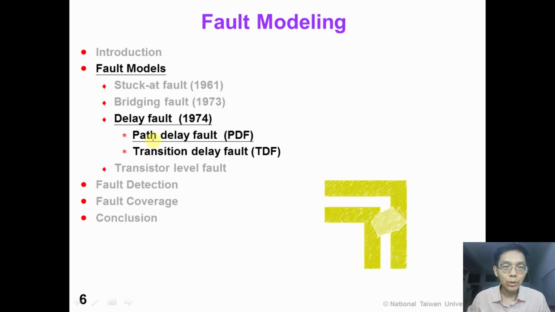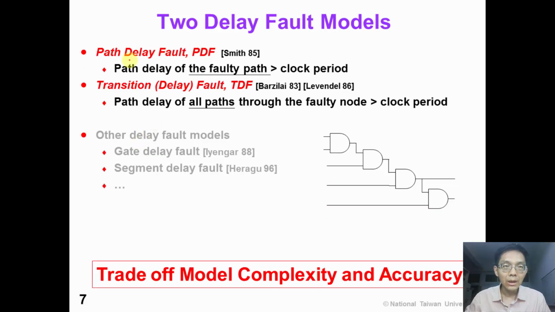Now, let's move on to the details of the two popular delay fault models, the path delay fault model and the transition delay fault model. The path delay fault model, or PDF, was proposed by Smith in 1985. In the path delay fault, it is assumed that the path delay of the faulty path is larger than the clock period.